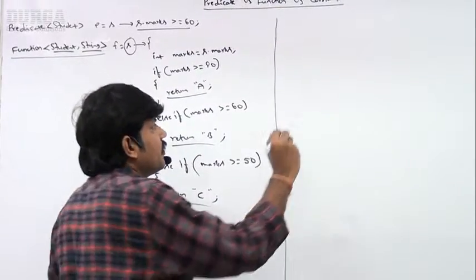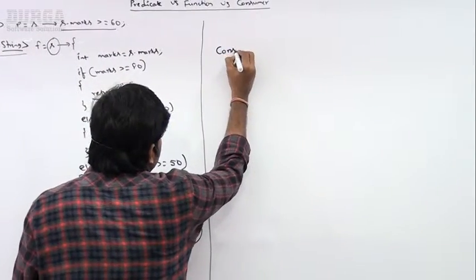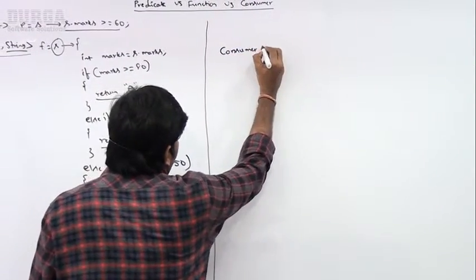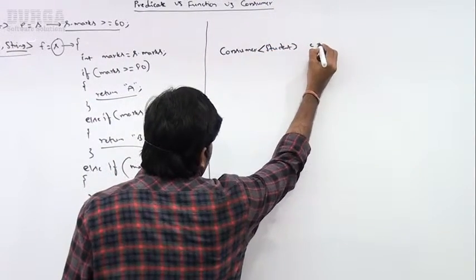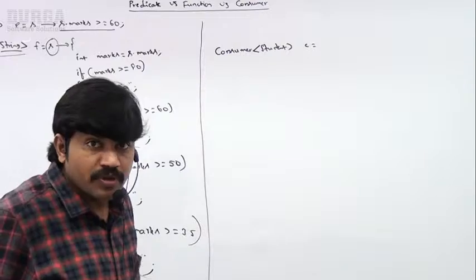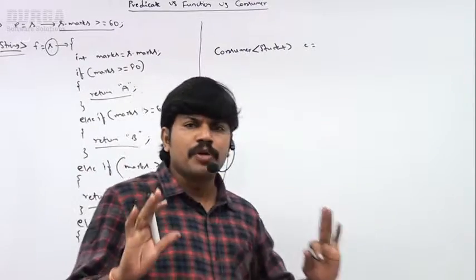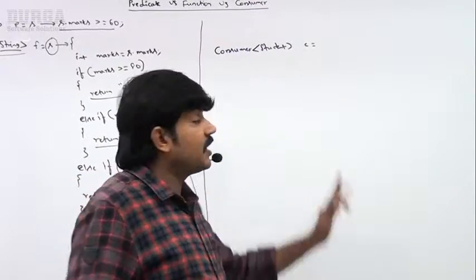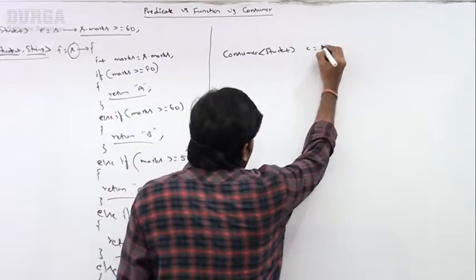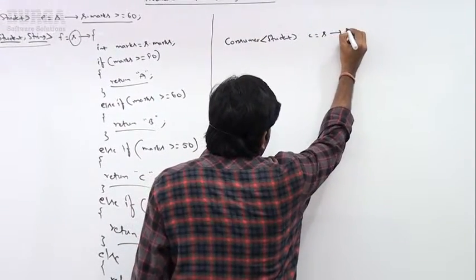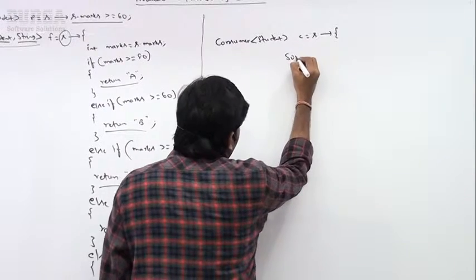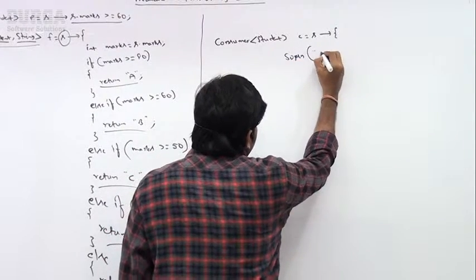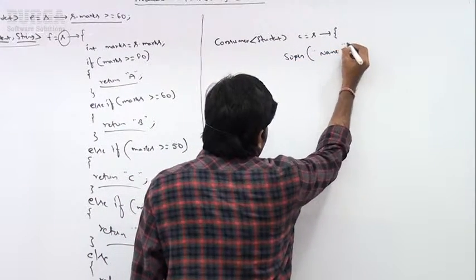Sir, my consumer, what is it going to do? Consumer of, if I give a student object as the argument, just print student information. That is the job of the consumer, right? Now here, if I give input, what it has to do is, sir, System.out.println, name of the student.